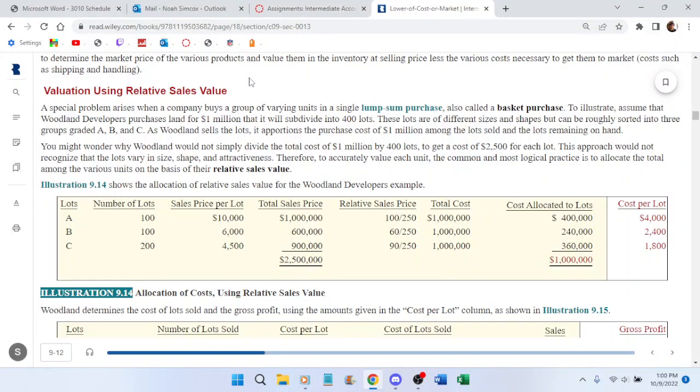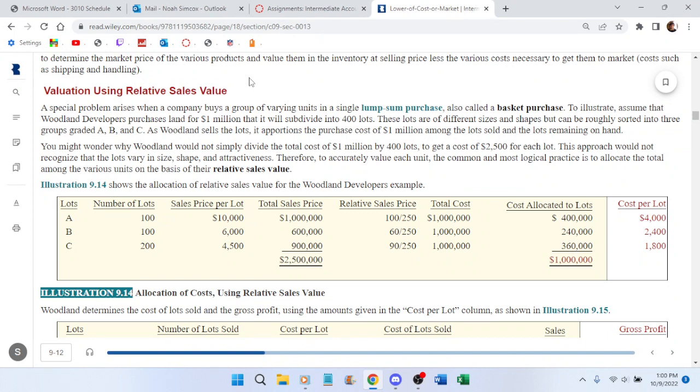Good job, past me. Allocate the total lots, sales price per lot, total sales price, total.